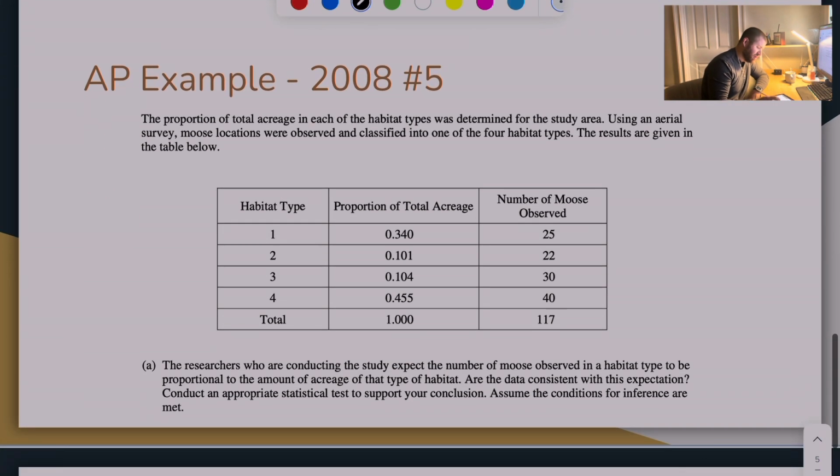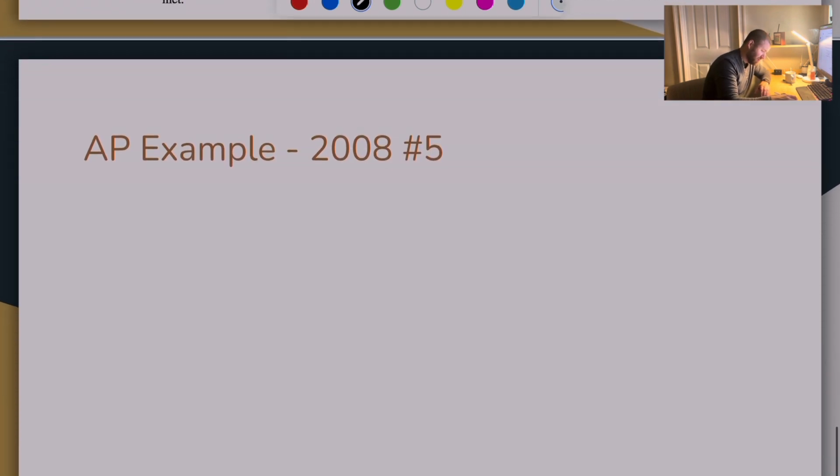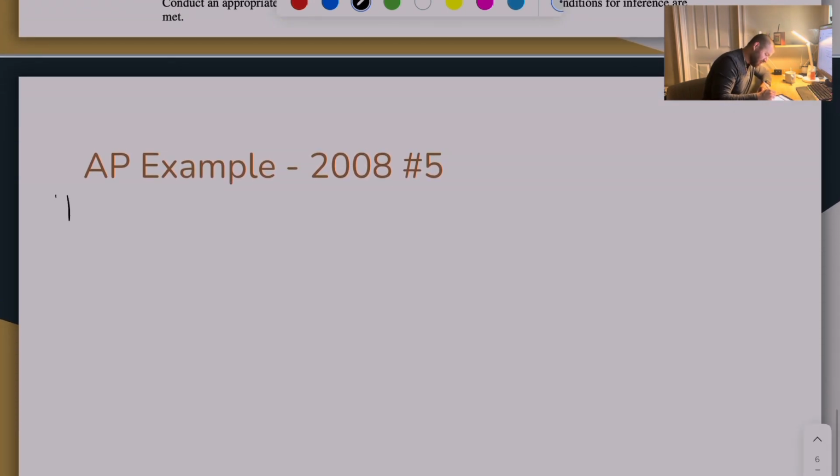And so let's take a look at a question here. And now if you're one of my students, we've done this question before, right? It's the moose habitat acreage deal. And we're looking at, do moose have a preference? And I very purposefully picked one of the percentage basis ones, so that way I could show you what I mean by this. So if we roll through this here, my null hypothesis is that moose have no preference.